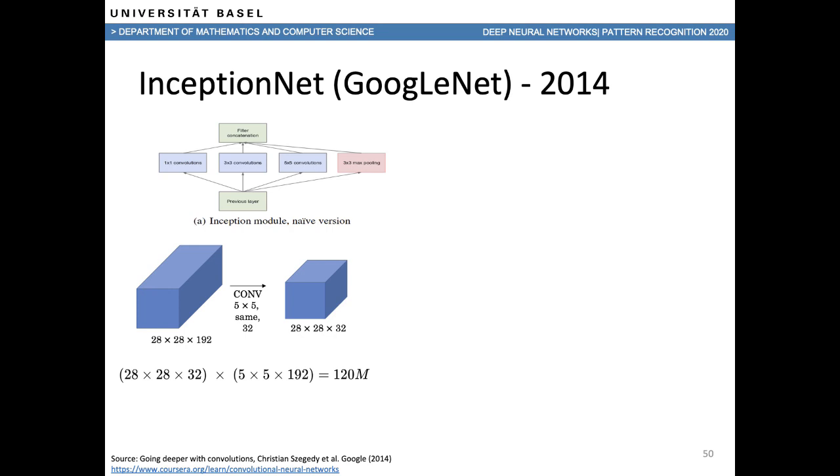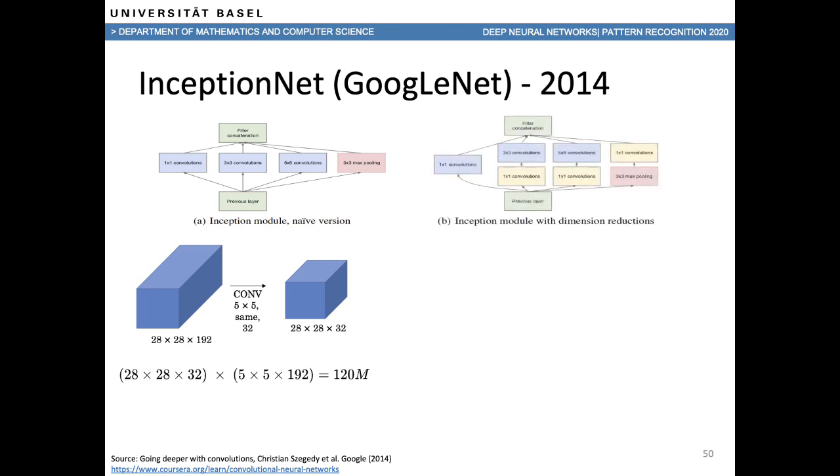This here is the naive version of what is known as the inception module, the block that they repeat throughout the network. So they also introduce that you have to do some tricks to actually make this work with a feasible amount of parameters.